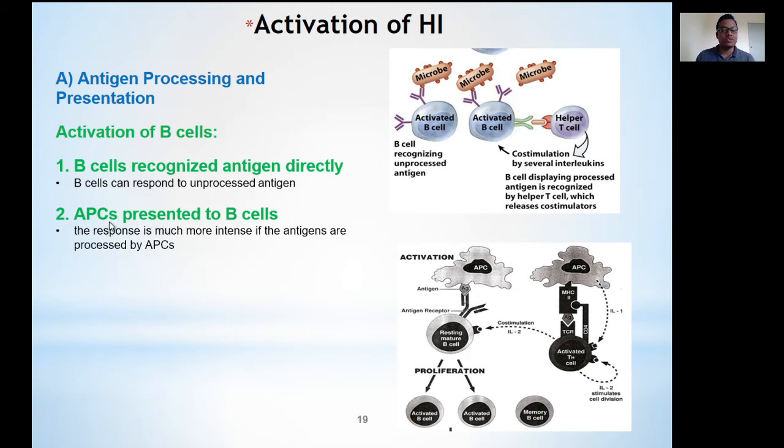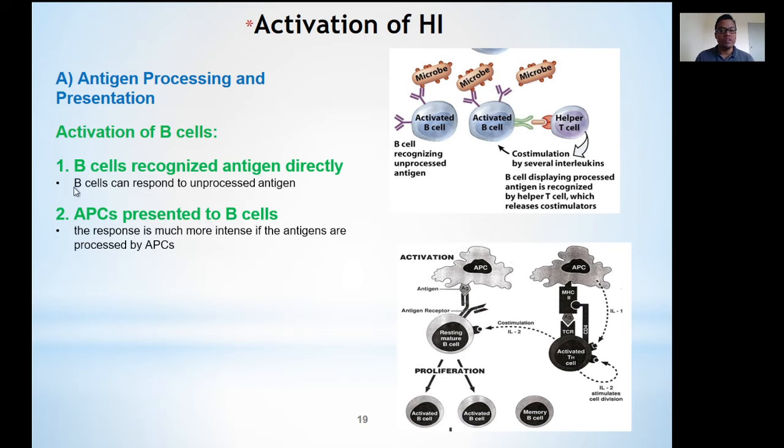APCs also engulf, process, digest, and stick the antigen to their surfaces to present to adaptive cells. APCs also present the processed antigen to B cells.